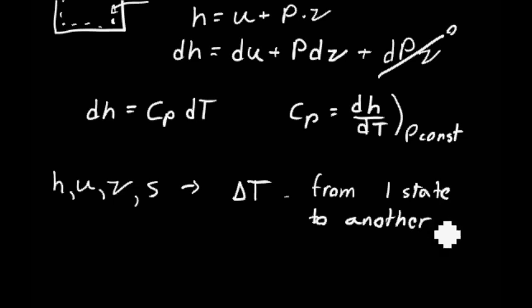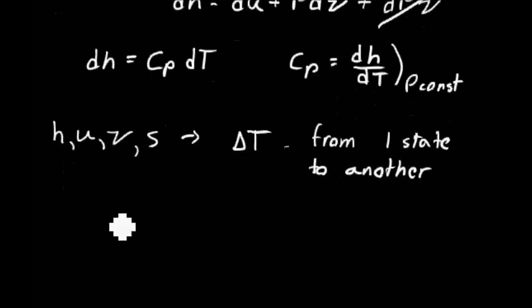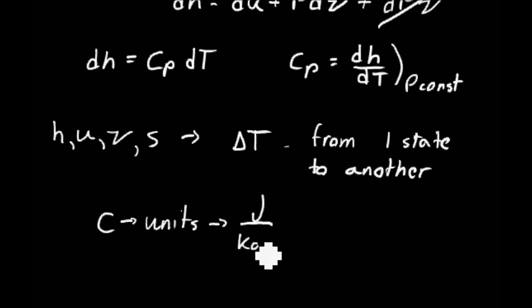Okay, and I should have said this earlier, the units of specific heat are joules per kilogram Kelvin. Okay, and this term is similar to the ideal gas constant in terms of units, so you can think of it as that.